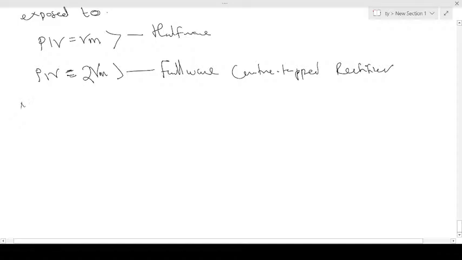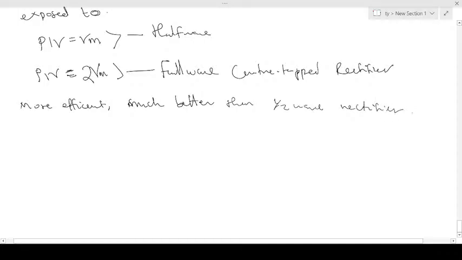It's not simpler to work with, but it is a much better component to use than our half wave rectifier. But it does have its disadvantages.